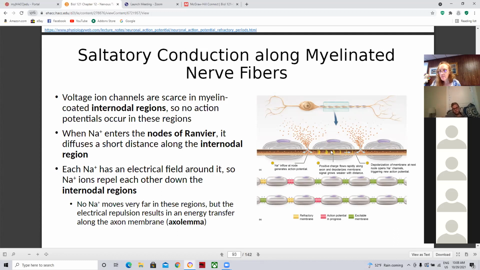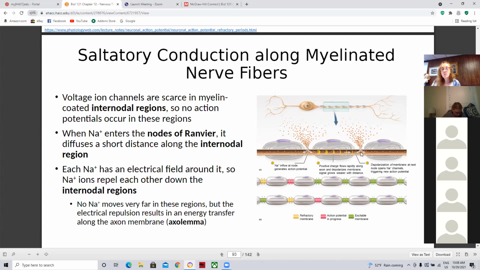There's no voltage channels where there's myelin coating the axon. Sodium is only going to enter the axon at the nodes of Ranvier. Remember how there's like 2,000 to 12,000 channels per micrometer squared in these gaps in the myelin.